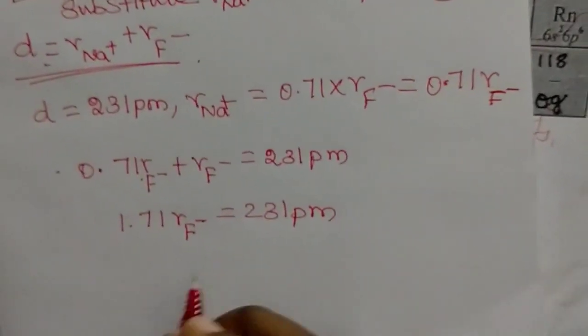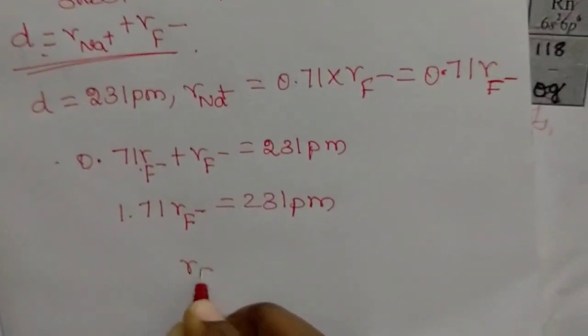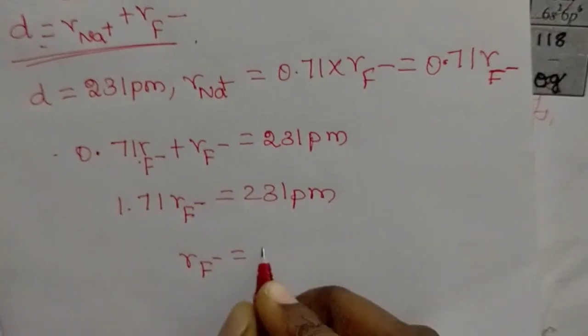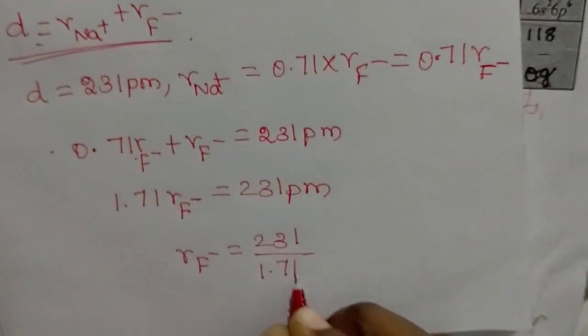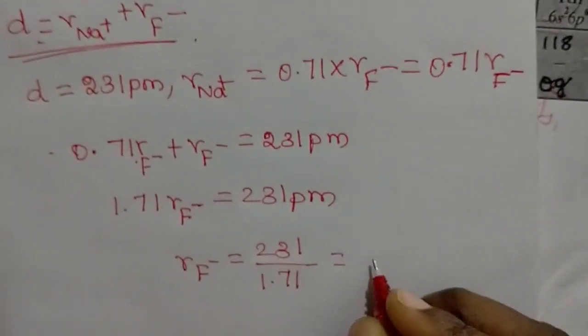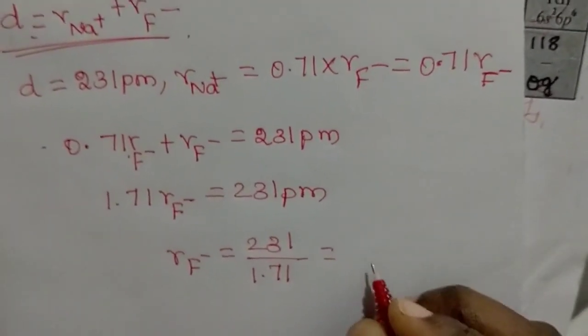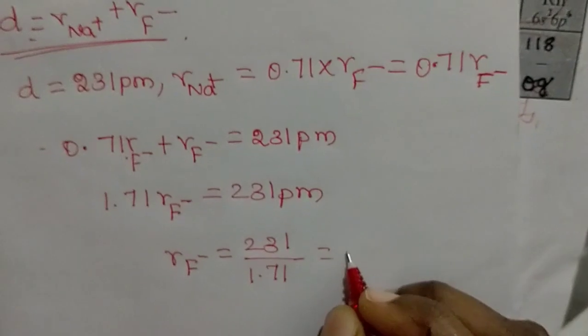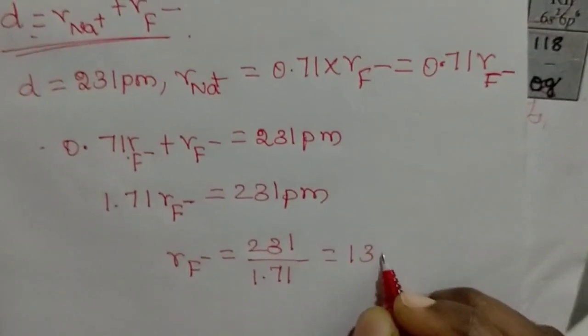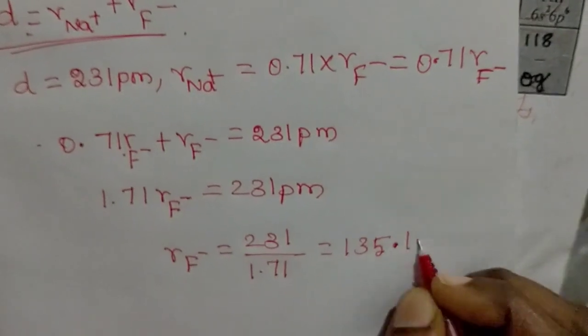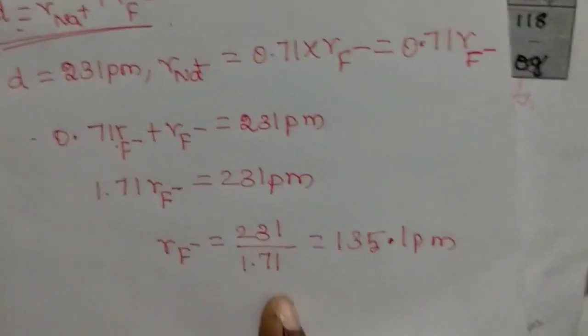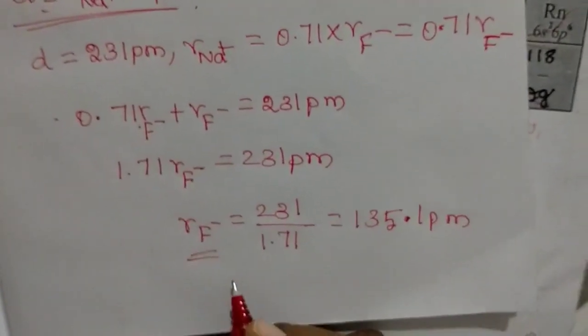Find the r_F- value from this equation. r_F- equal to 231 divided by 1.71. And you will get the value of this calculation, 135.1 picometer.